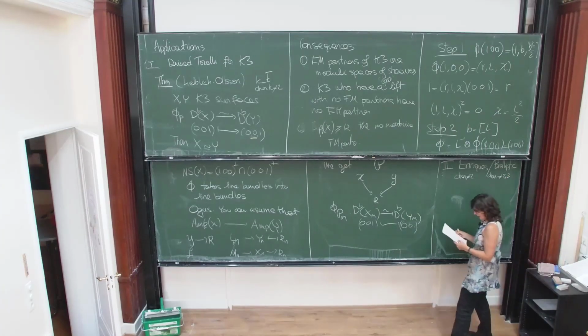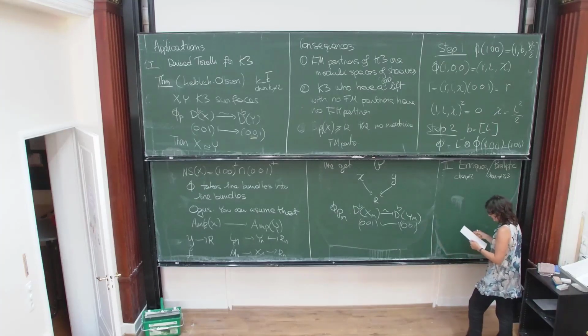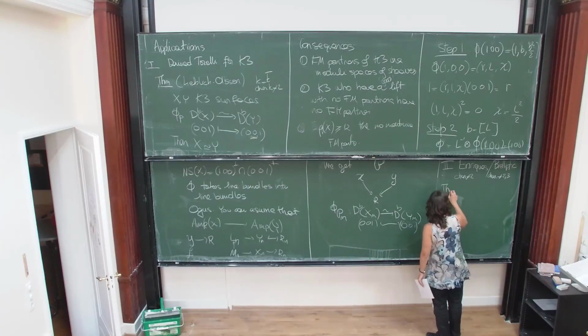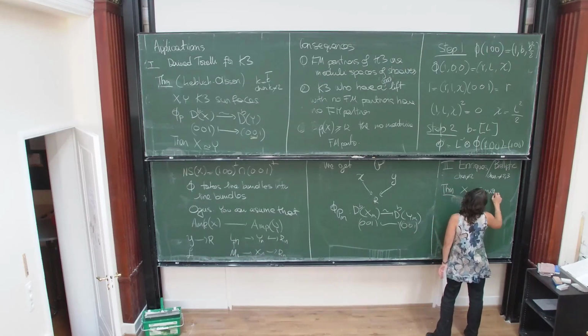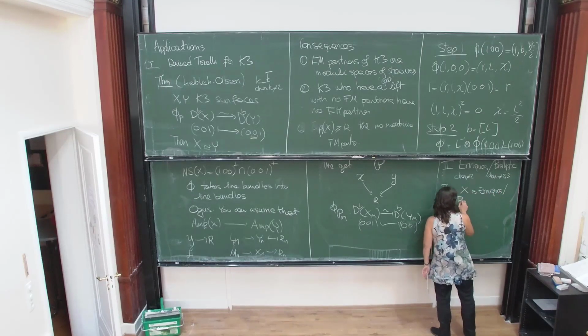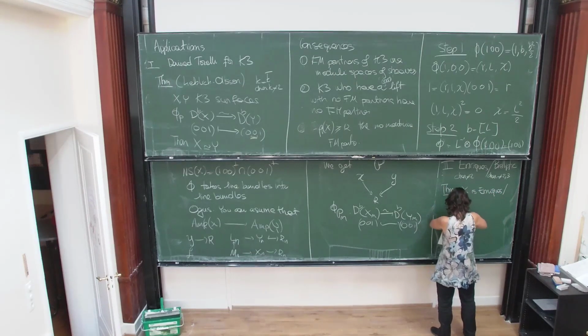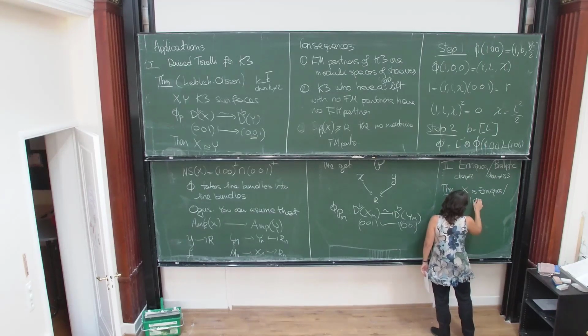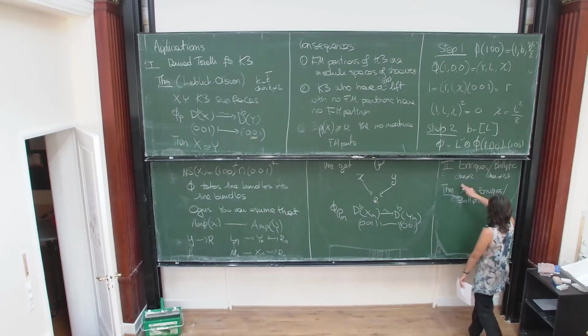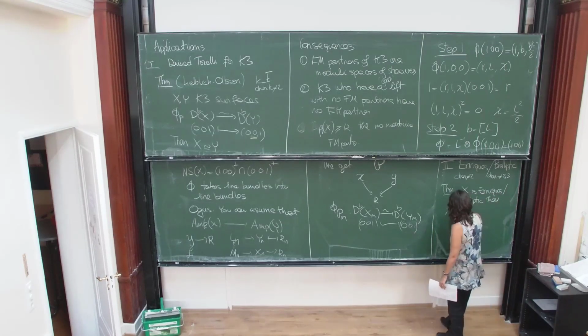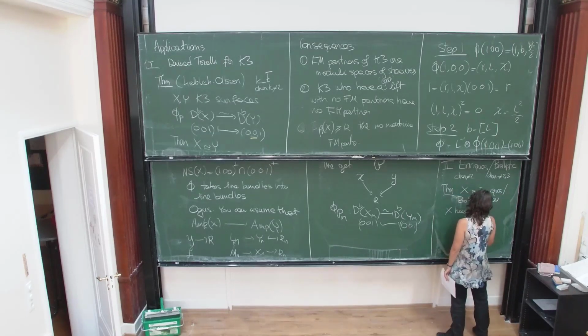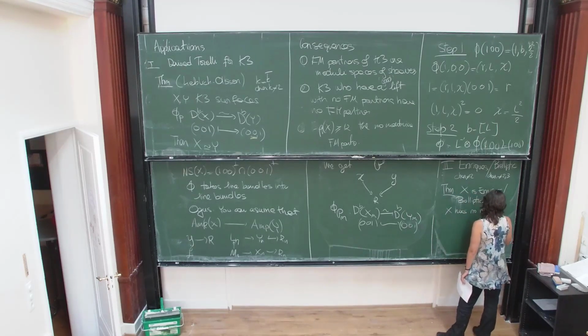So okay, the theorem is: if X is Enriques or Lieblich, under the respective hypothesis, then X has no non-trivial Fourier-Mukai partners.